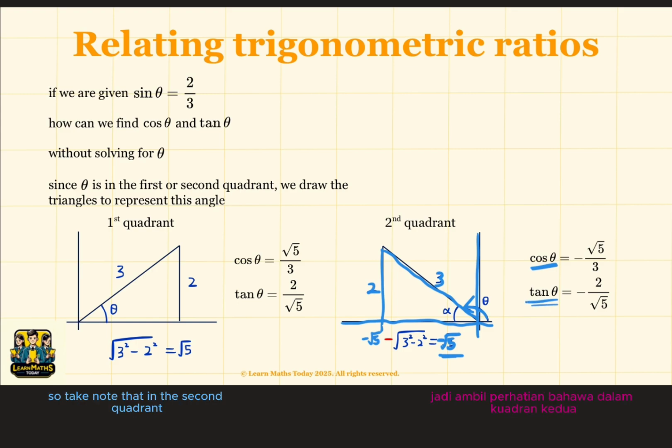So take note that in the second quadrant, cosine and tangent are both negative, which is what we learned earlier, right? Because only sine is positive in the second quadrant. So you need to take note that when you're drawing angles in the second quadrant, the value here, the adjacent, is negative. So remember to put a negative sign.